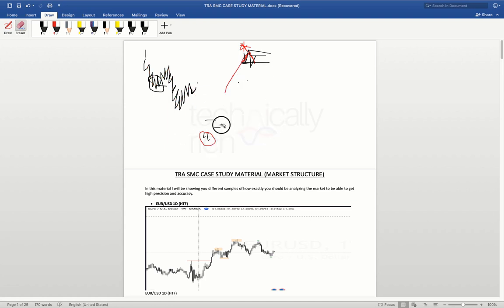There are two things you need to see in the market before you take your buy or your sell, before you place your trade.